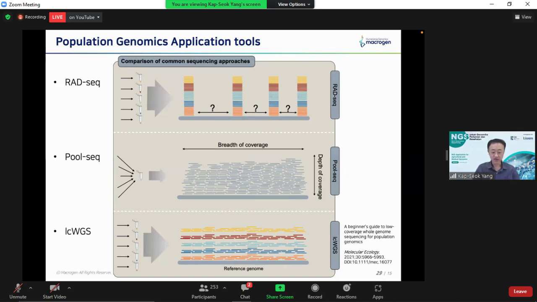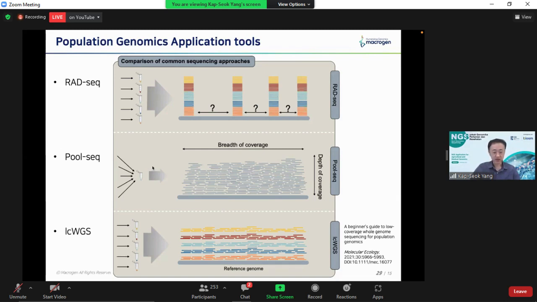For the full sequencing, you can get the full genomic coverage. You can get high depth coverage, but you don't have any individual data because you pooled all the samples and you work with only one library.